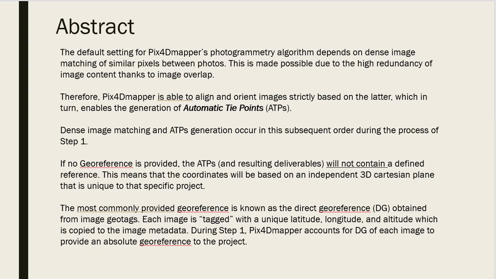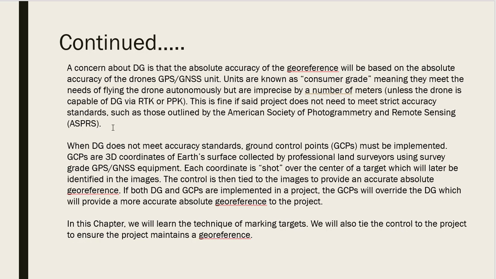Then during step one, Pix4D Mapper accounts for the DG of each image to provide an absolute georeference to the project. A concern about DG is that the absolute accuracy of the georeference would be based on the absolute accuracy of the drone's GPS or GNSS units.